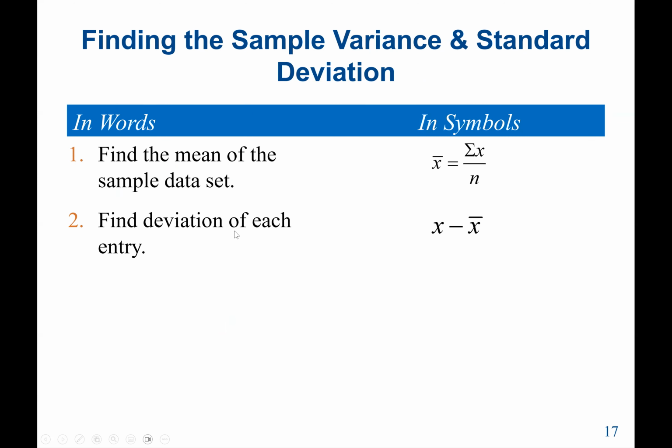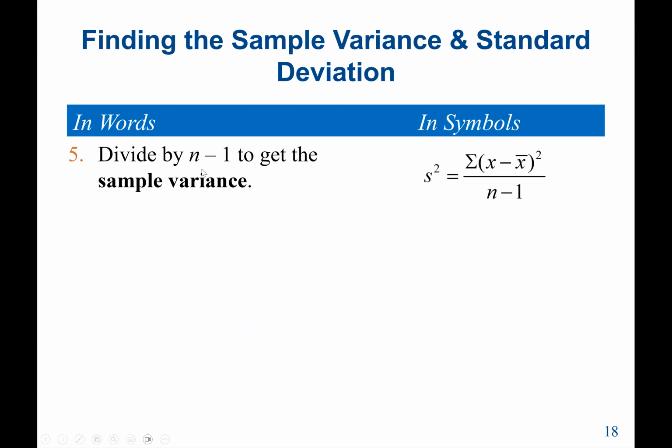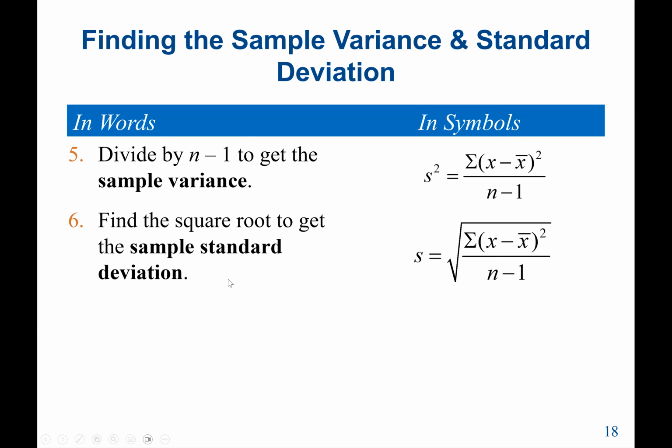Then we find the deviation of each entry. Then we find the square deviation for each entry. Then we add to get a sum of squares. Then to find the sample variance, we divide by n-1. Then to find the standard deviation, it will be the square root of the variance.